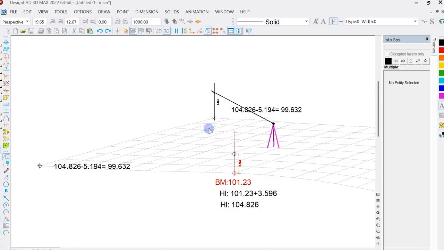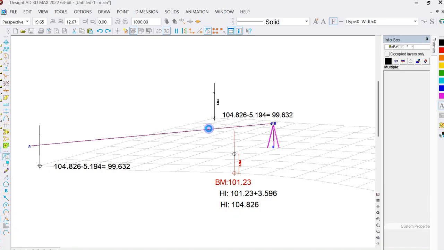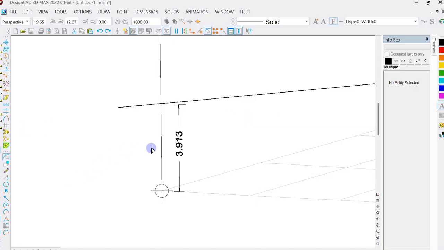So now you've backsighted to this point here. This one here, foresight. So that's the difference: backsights are when you're getting the elevation of instrument. Foresight. So this is foresight number 2, or point number 2.